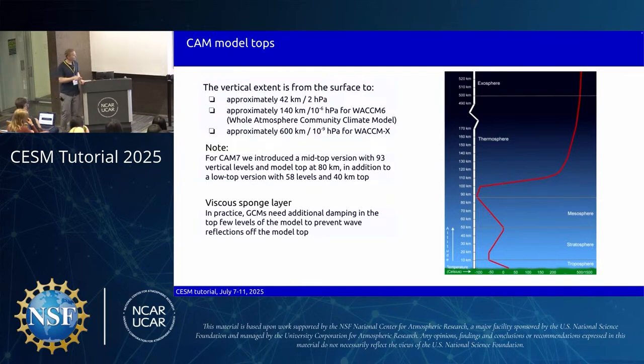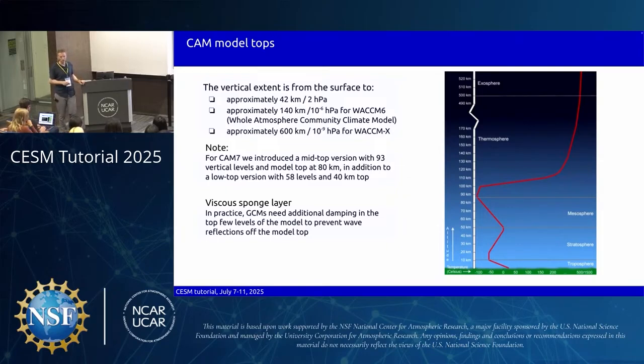Another thing I want you to be aware of: I told you to be careful with the grid scale, since things are not super accurate. Also be careful with the top 3, 4, 5 layers, depending on where your top is, because we have a sponge there to absorb vertically propagating waves that don't get reflected at the model top and create all kinds of damage. So there is heavy numerical filtering in those layers.